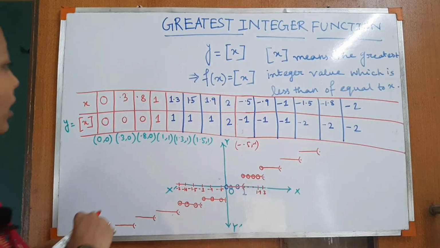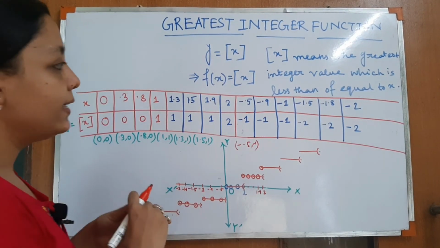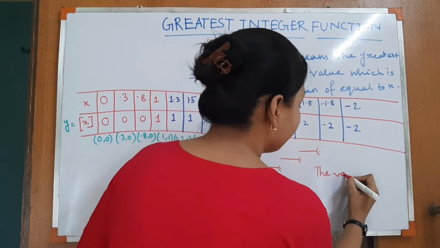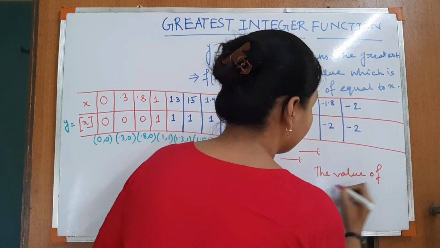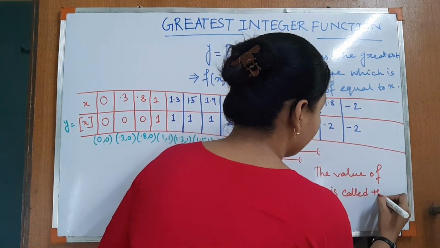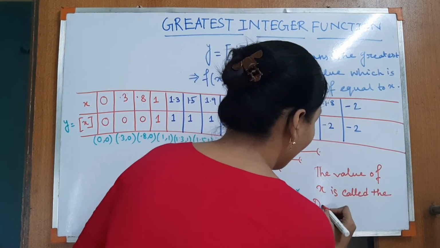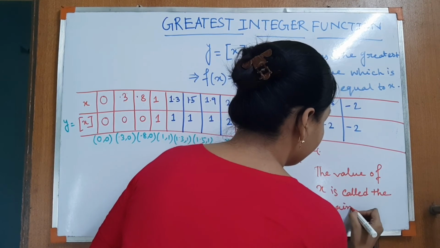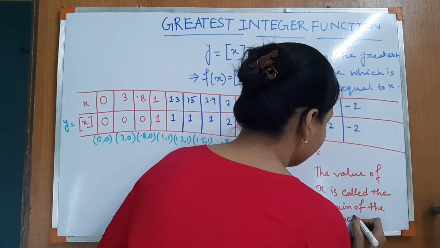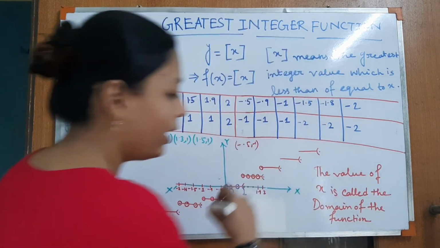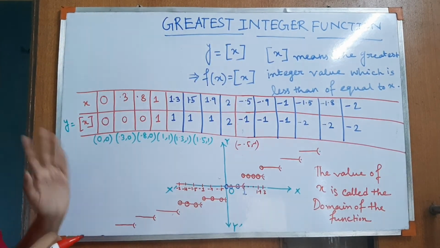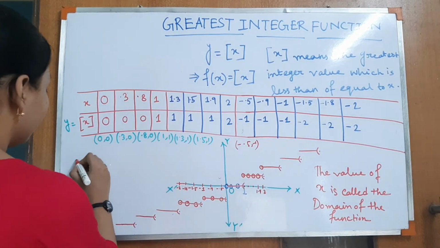Here the value of x is called the domain of the function. And the value of box x, that is the value of y, is called the range of the function.